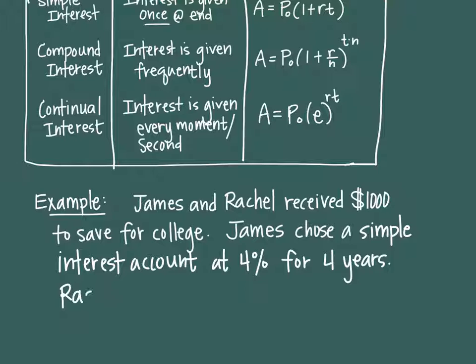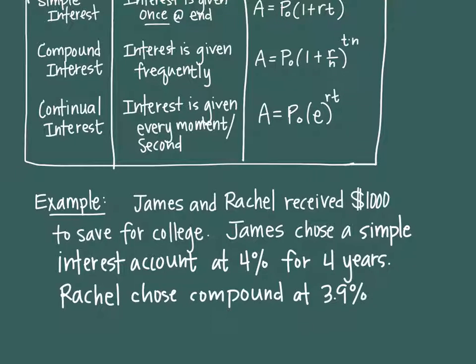Rachel was a little bit more investment savvy, and Rachel is going to choose the compound interest account at 3.9%. And so James is like, I have a higher percentage than you.